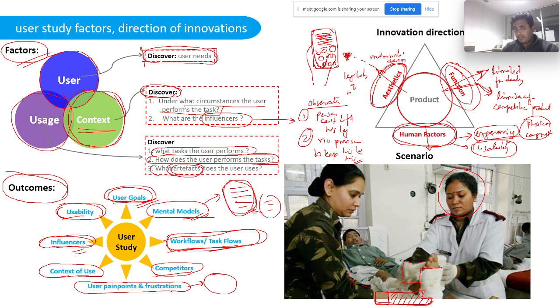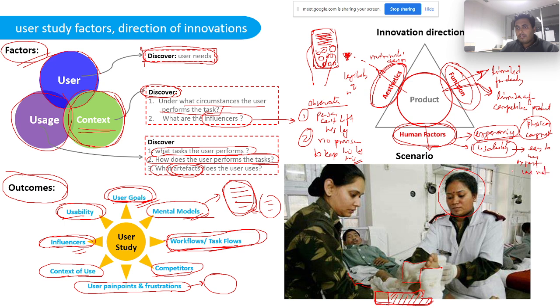So you may see that a particular solution is perfect in all ways, from the aesthetic, functionality, or ergonomics point of view, but somehow it is not very easy to use, because maybe for an expert user there is no efficient path.